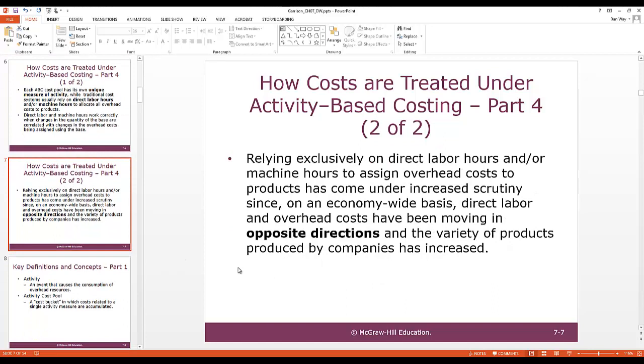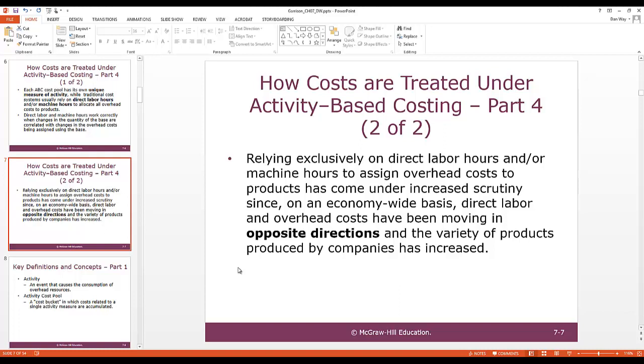So relying exclusively on labor hours and machine hours, as we did in our traditional costing system, is generally seen as less accurate from a costing perspective, particularly because labor and overhead costs have been moving in opposite directions with regard to production in recent years. So everything has become much more automated, right? If you think back even to the last 25, 30 years.